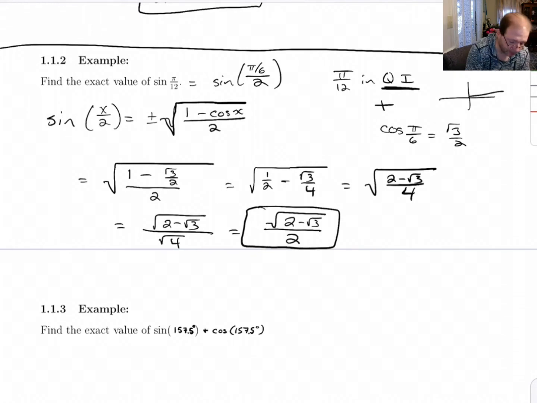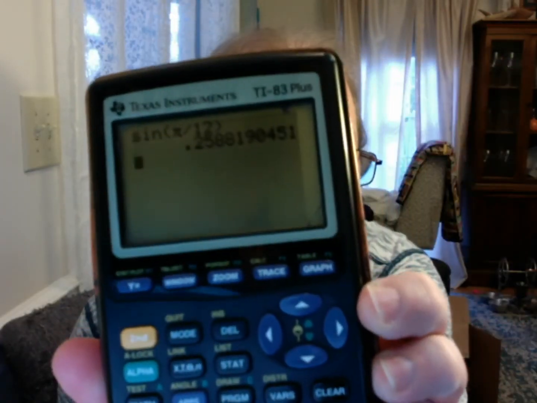And let's double check it. I'm going to put myself into radian mode. Although pi over 12 is 15 degrees, I could leave it in degree mode and put that in, but let's not do that. Sine of pi over 12 gives me 0.2588. There it is.